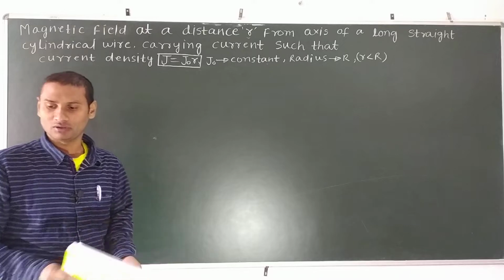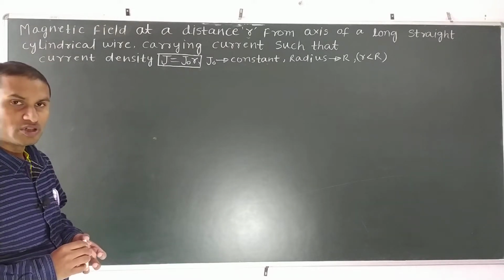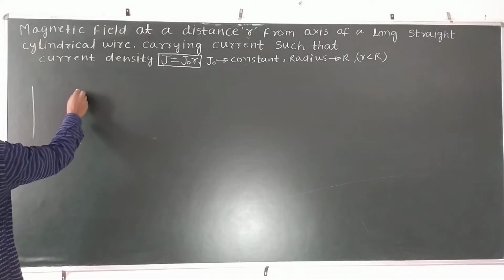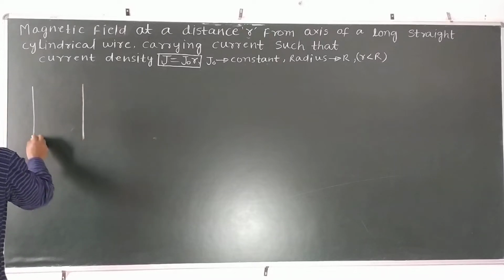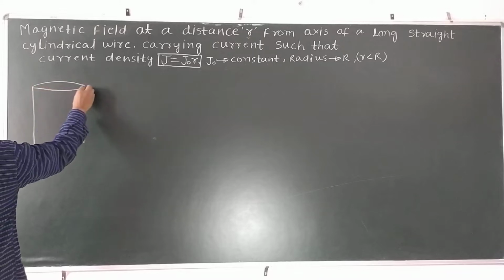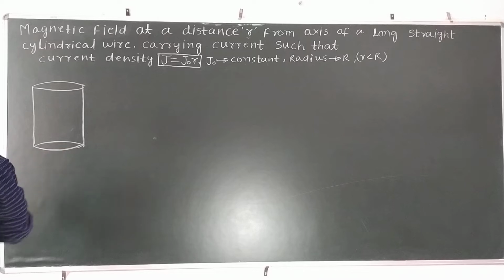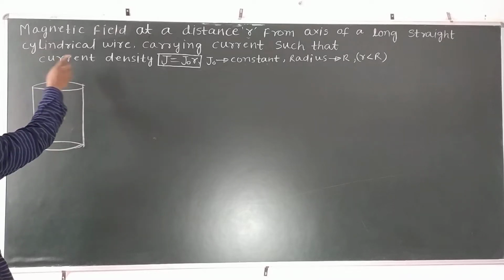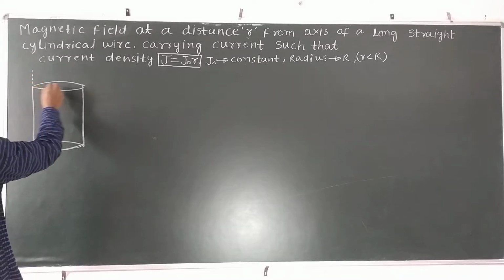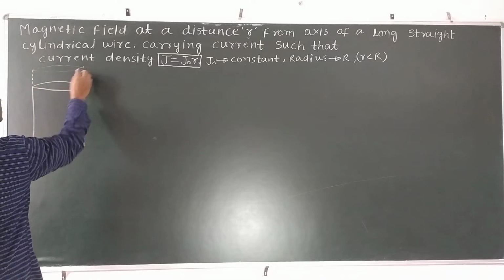In this situation we have to find the magnitude of the magnetic field. We use Ampere's circuital law. Suppose this is the wire, a long cylindrical wire, so we indicate it like that.